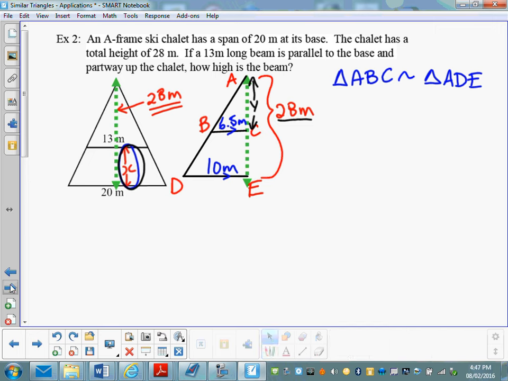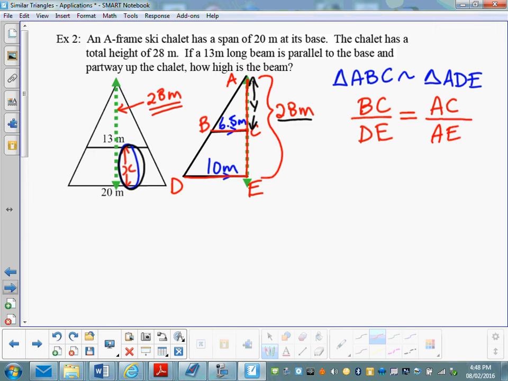And I'll just set up my equation here first. So from the small triangle at the top, one of the sides I'm going to use is BC, and it corresponds to DE on the bottom. And from the small triangle at the top, this is side AC, and it corresponds to the whole side here, which is AE.